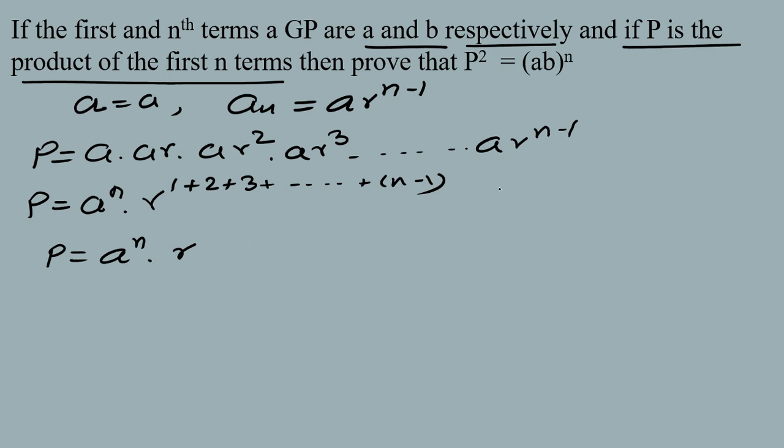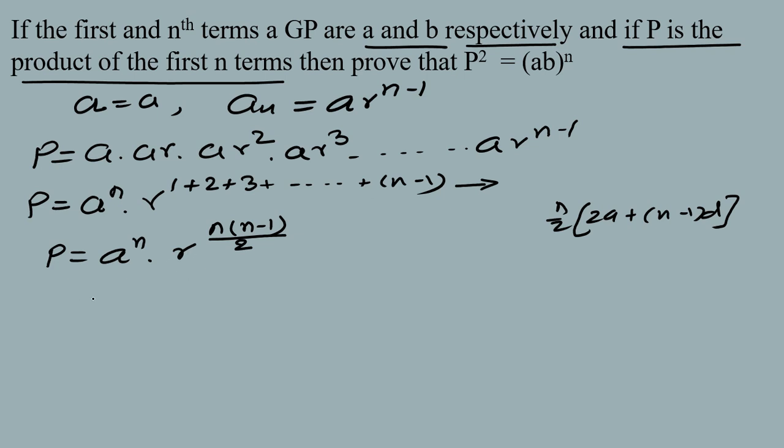Now you can see this power is an AP. And for the sum of n minus 1 terms of an AP, it will be n into n minus 1 divided by 2. You can check with the formula of AP, which was n by 2 into 2a plus n minus 1 into d. Here you can put the values of a as 1, common difference d as 1 and n as n minus 1. So you will get this answer.